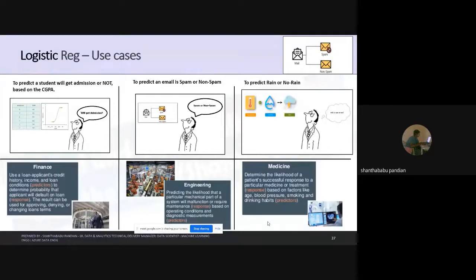Then after some time, if any major thing happens for a specific patient, they'll go and refer to that data, what the patient has undergone in the past, and they will analyze and predict, oh, because of this reason this person is continuously having a headache, so it might be some other issue. Then they can give the appropriate treatment.